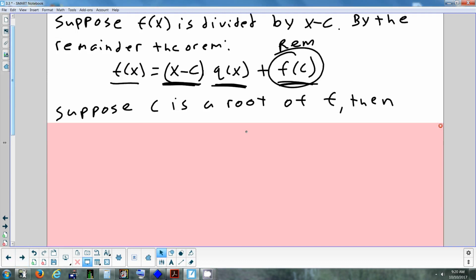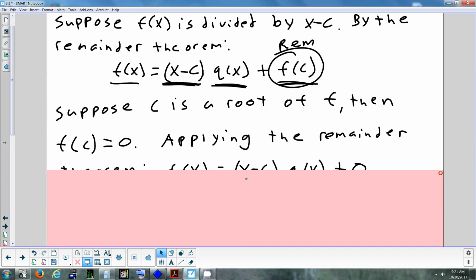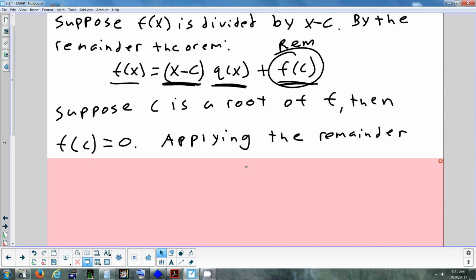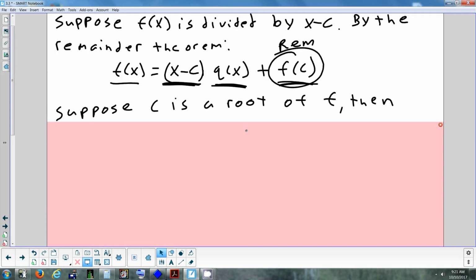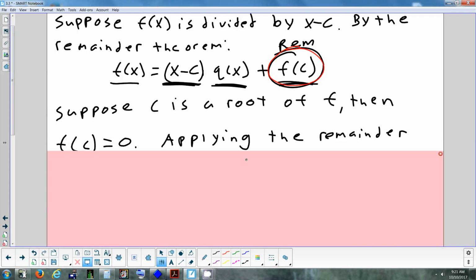All right, so now let's suppose that c is a root. What does that mean if something is a root? You plug it in for x and you get what for y? You get 0. So if c is a root, then you guys just told me that means you plug it in for x and you get 0. That's the result.